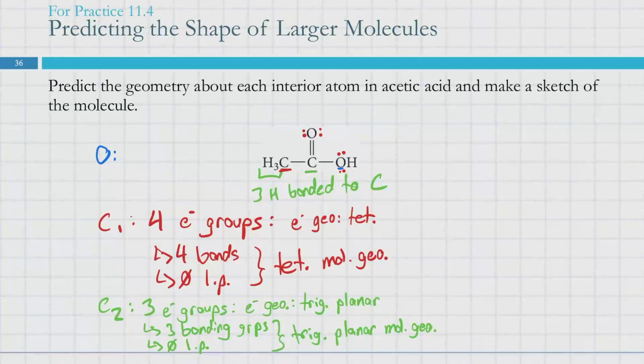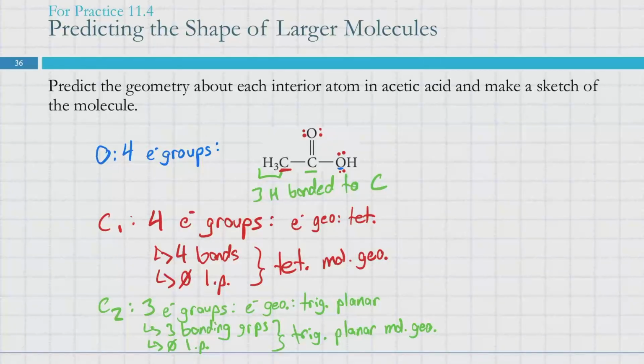What counts as an electron group? Yeah, so it's bonded to hydrogen. So it's got a bond to hydrogen, it's got a bond to carbon, and it's got 2 lone pairs. So it's 4. So 4 electron groups, 4 clumps of electrons around it.